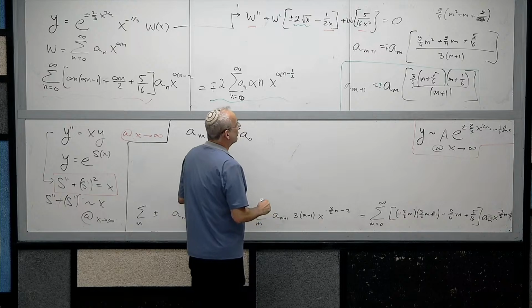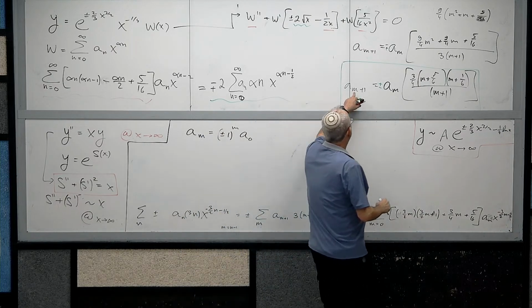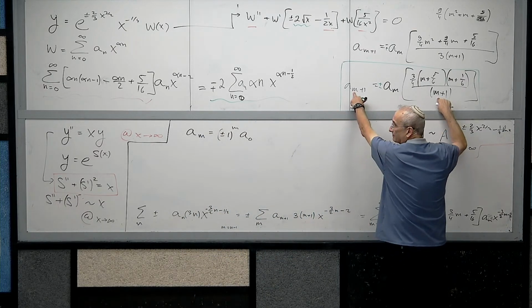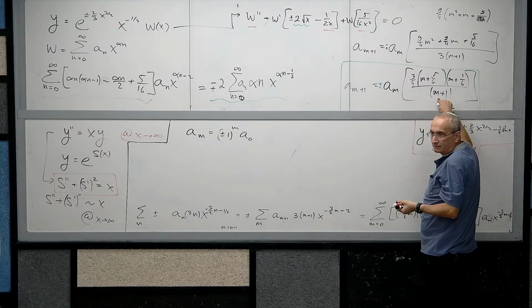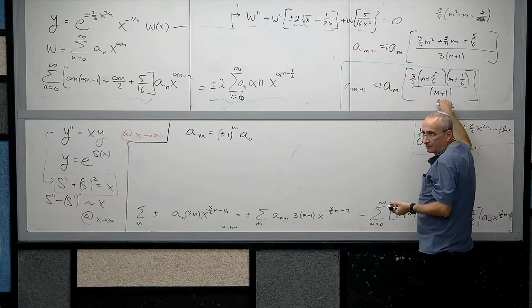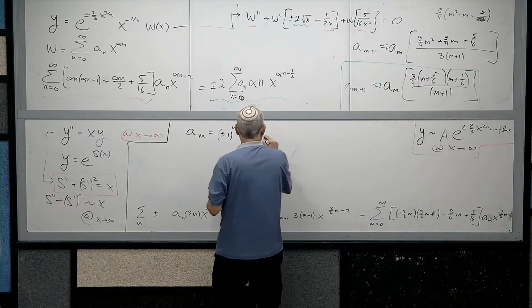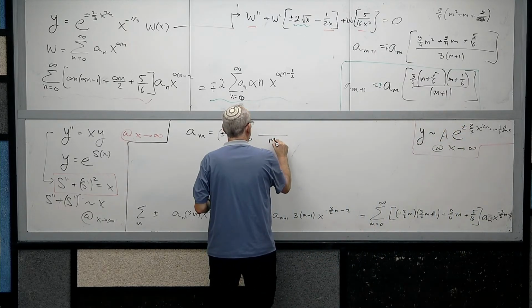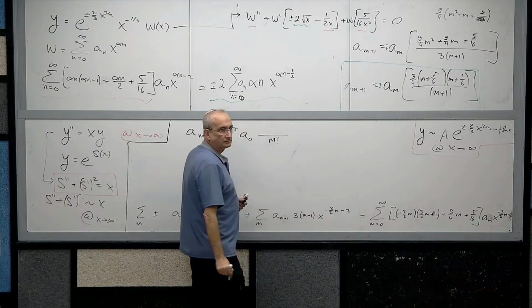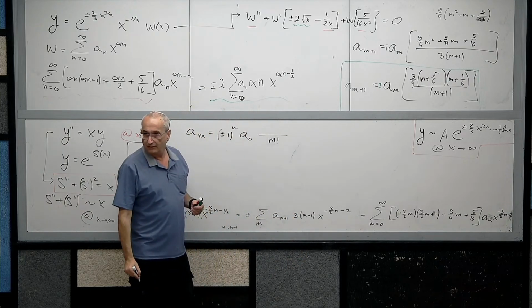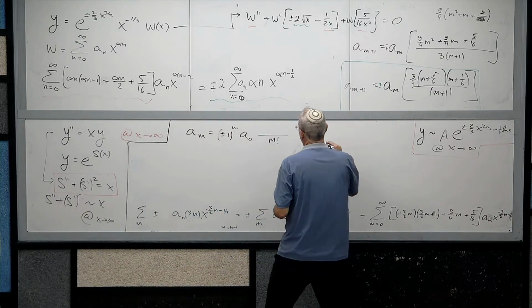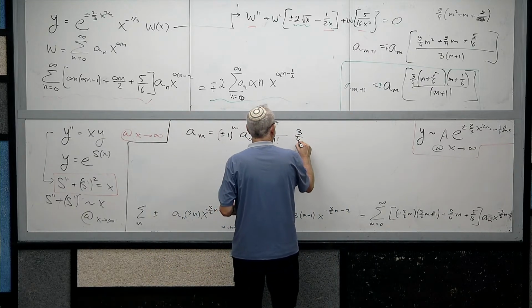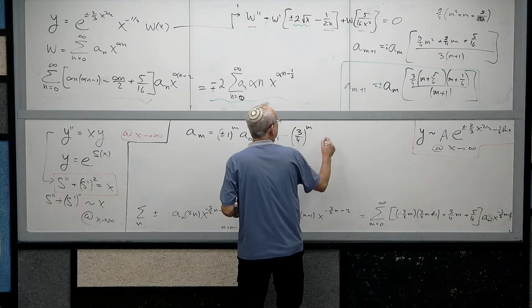And now, for A1 we have 1 here. For A2 we will have 2 here, so this is just m factorial. You see? From the denominator I have m factorial. And of course I have 3/4 to the power of m.